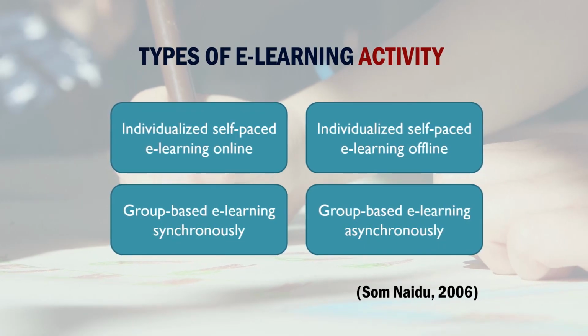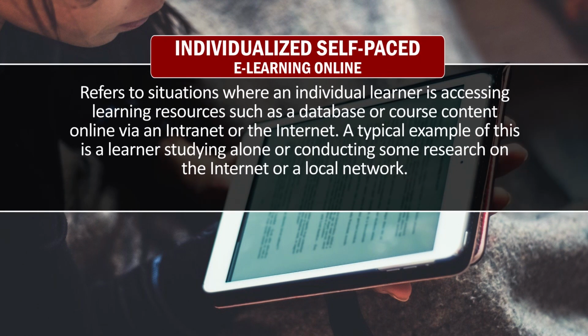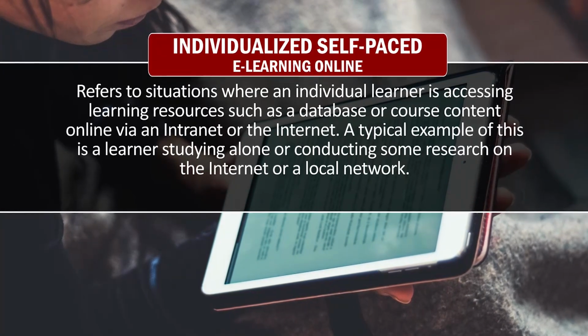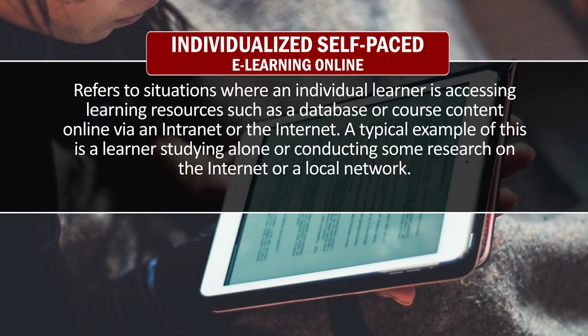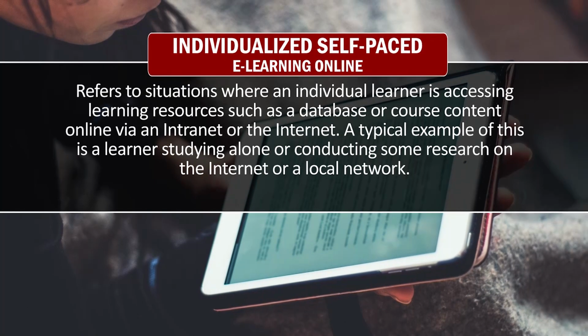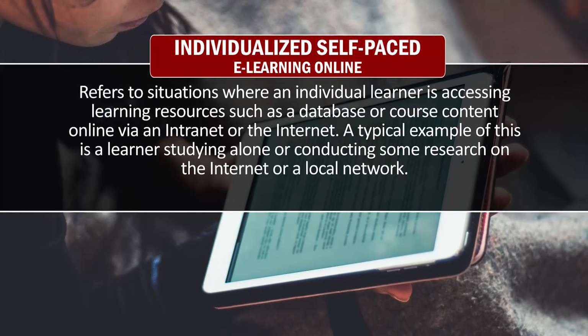individualized self-paced e-learning online refers to situations where an individual learner is accessing learning resources such as a database or course content online through the internet or intranet. I am giving one example here, where the learner is studying alone or conducting some research.